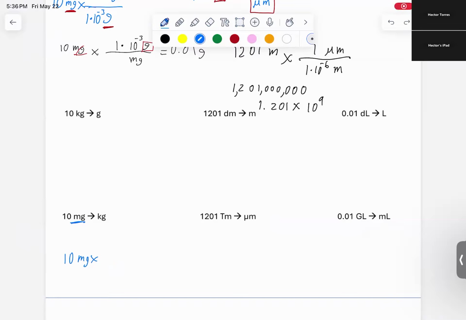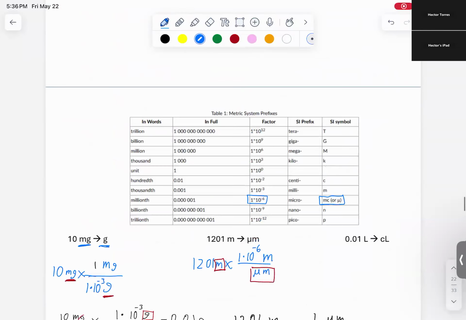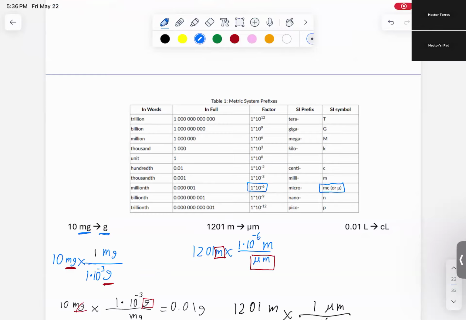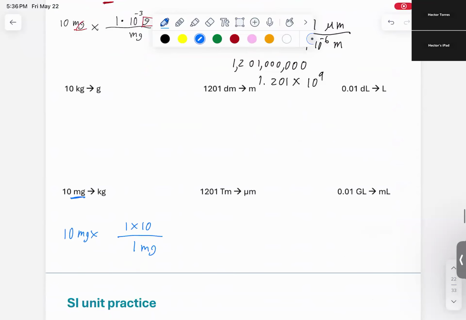Oops. Put the 1 milligrams on bottom, but 1 times 10 to the, let's double check it. Milligrams, yep, got it. Okay. 1 times 10 to the third grams.